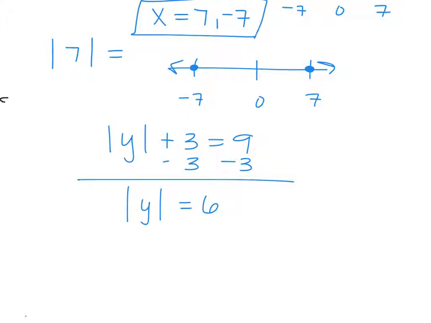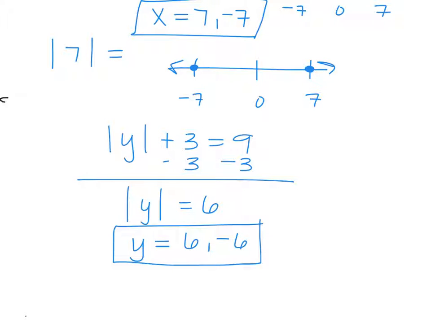Now what's your answer, though, before you graph it? y equals 6 or negative 6. So you get two answers, 6 or negative 6. So when you graph it, 0, 6, and negative 6, it could be here or it could be here. 6 units away, 6 units away.